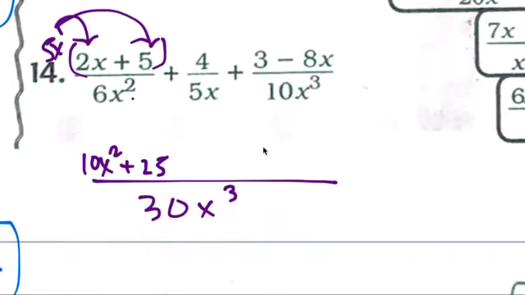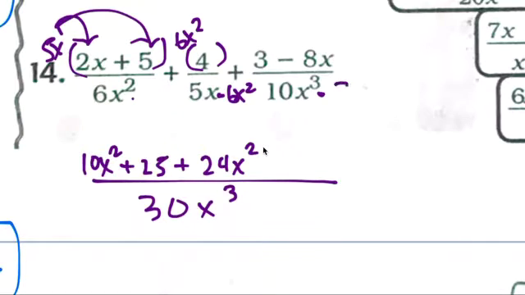Here to get 30, you get 6x squared, so you need to times this by 6x squared. So you get a positive 24x squared. Here to get 30, you only need to multiply by 3, so you only multiply this by 3. You get a positive 9 and a negative 24x.